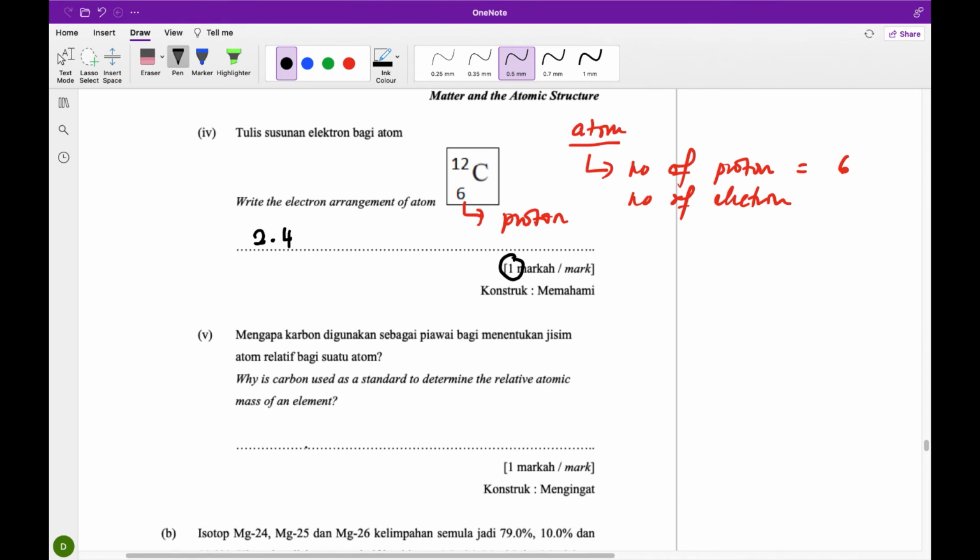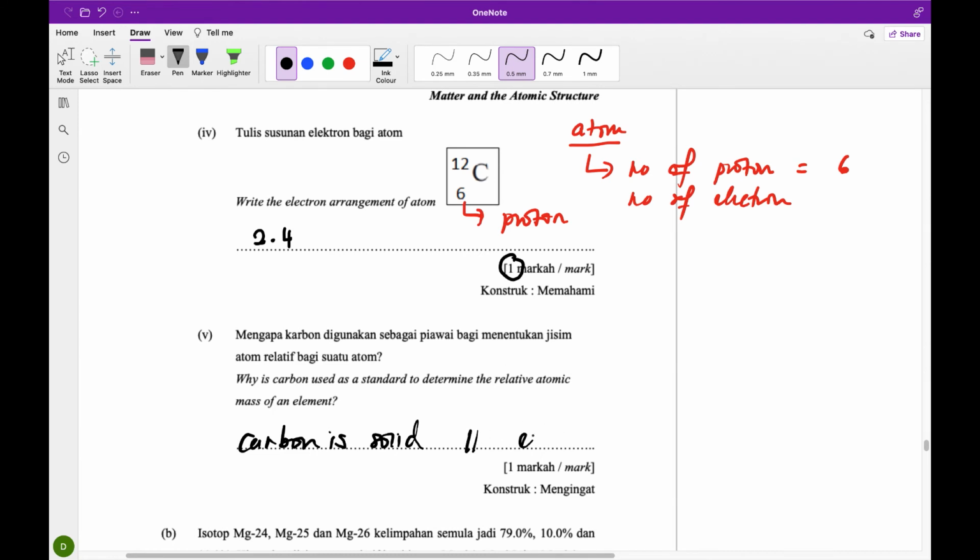Why is carbon used as a standard element to determine the relative atomic mass of an element? That is because carbon exists in the form of solid. Since it exists in the form of solid, it can be handled easily. So for an acceptable answer, you can write carbon is solid, or easy to handle.